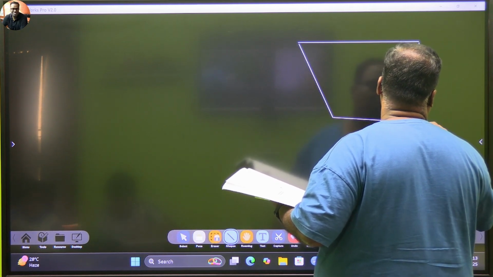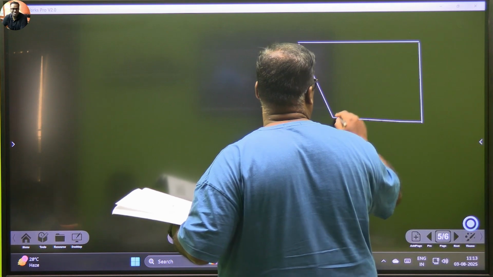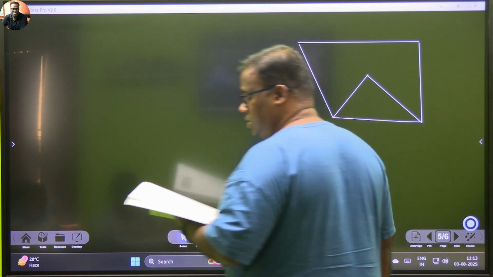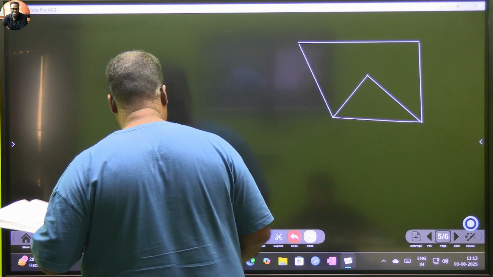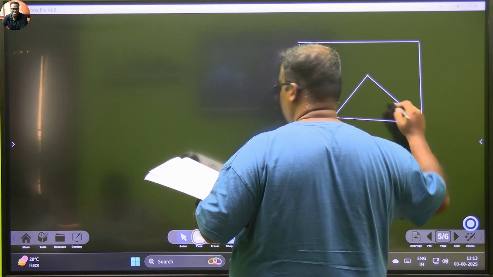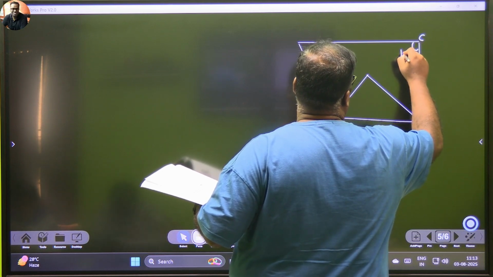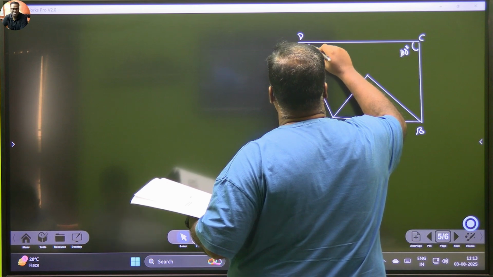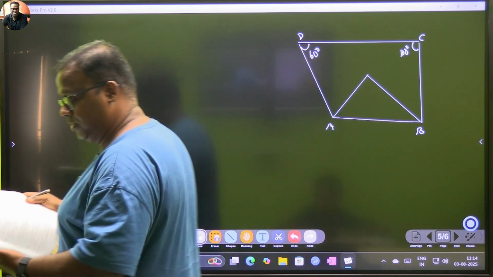And then we close this, and there is a triangle formation in between also. The measures are 60, 100, and the nomenclature is A, B, C, D. This is 100. This is D, which is 60 degree. So number 9.